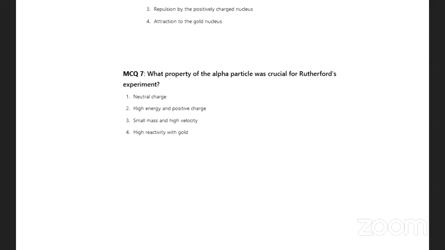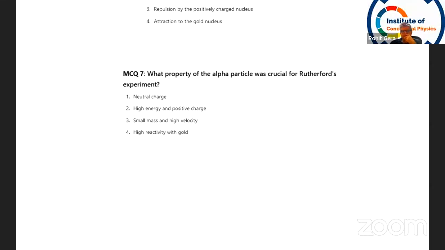High energy and positive charge. Wait, what is the question? What property of alpha particle? Obviously, it comes with a lot of kinetic energy. Yes, that's right.